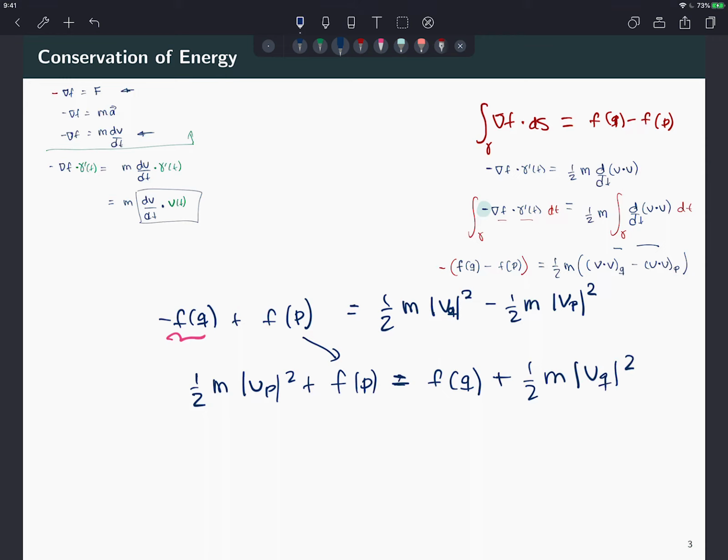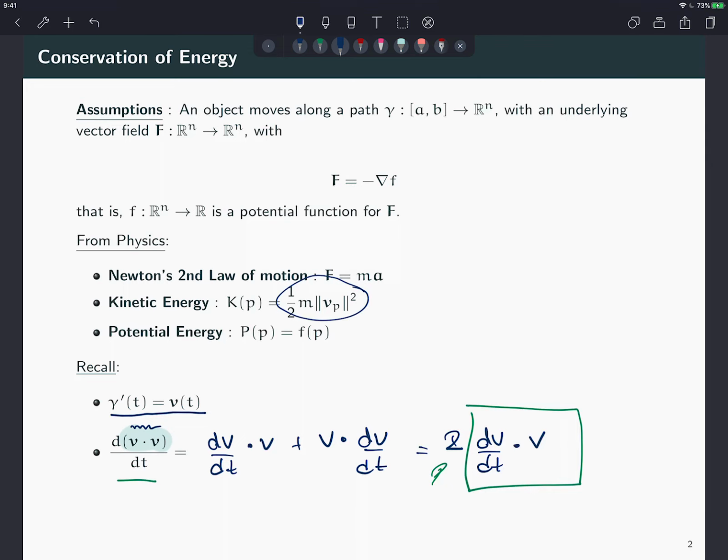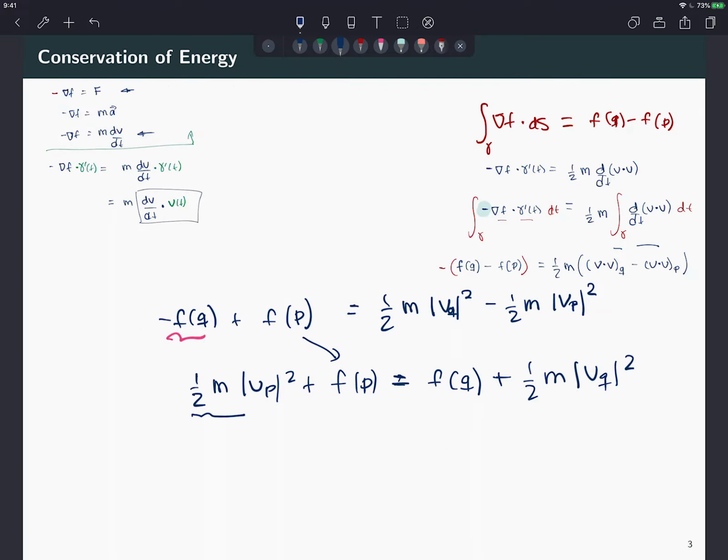Well, if you recall, 1/2 of m times vp squared is exactly what I called the kinetic energy, and f of p is what I call the potential energy. So this is the kinetic energy at p plus the potential energy at p, and this side, I have it backwards, but it doesn't matter, is the kinetic energy at q and the potential energy at q.